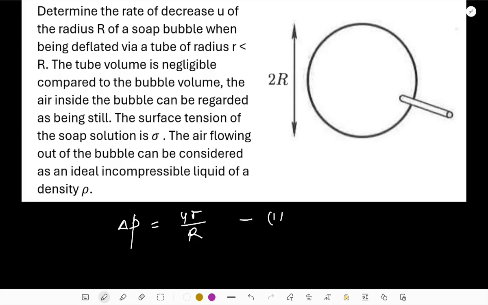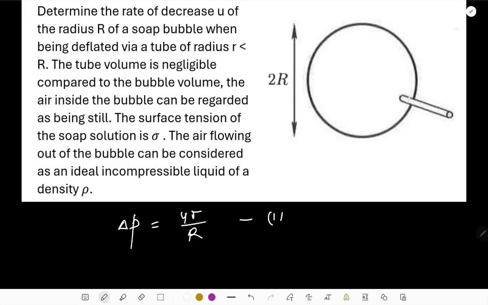And now let's focus on the work done by the soap film, and it will be equal to the kinetic energy of the air blowing out of the bubble, from the work energy theorem, because air is flowing out of the bubble, and so it will gain some kinetic energy.